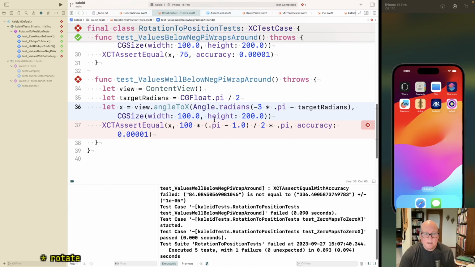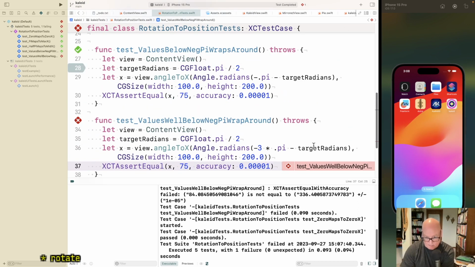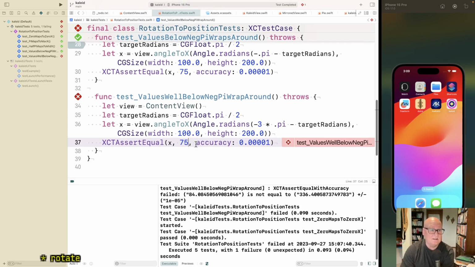Okay, so now this should be 75 again. Because minus 3 pi minus the target radians, we're going to add 2 pi, gives us minus pi, so we added 4 pi. And 4 pi plus minus 3 pi is pi, minus target radians gives us back to the 90 degrees. Okay, and I think this will all pass.